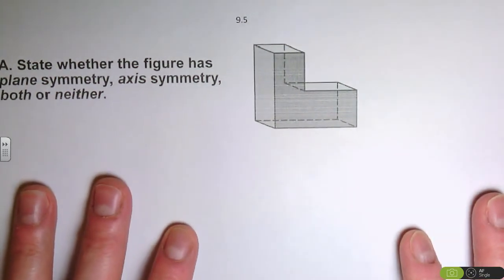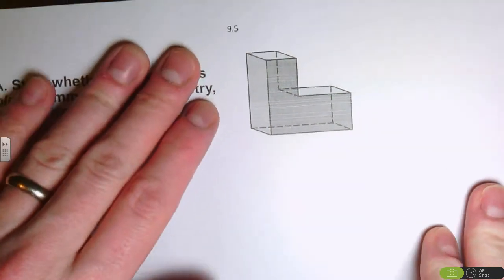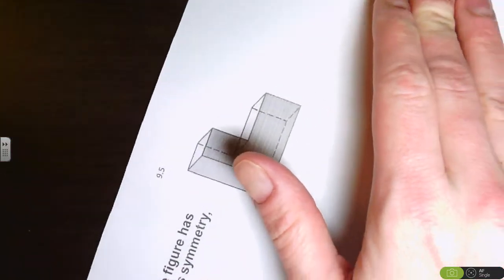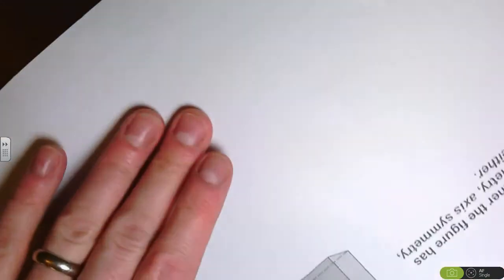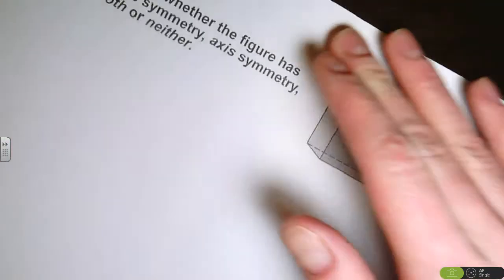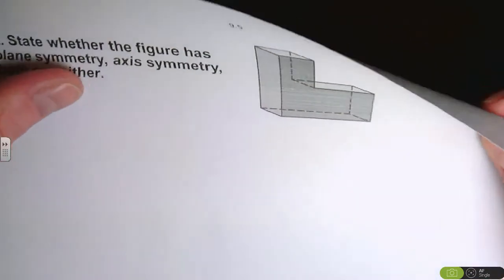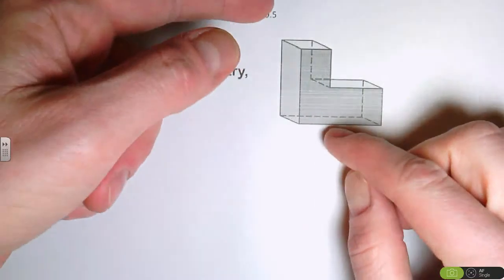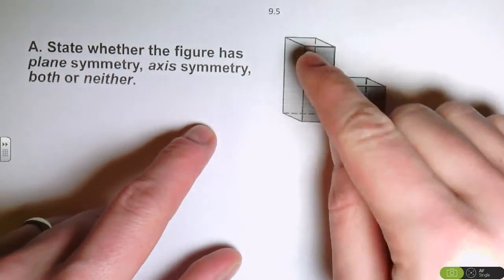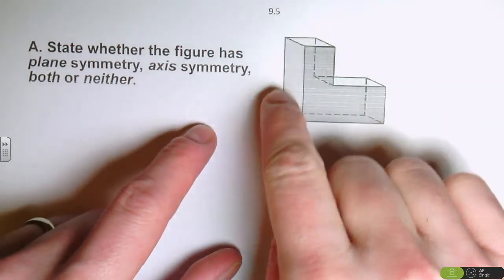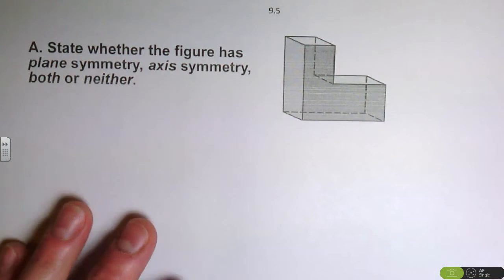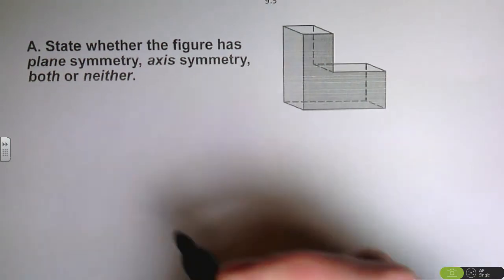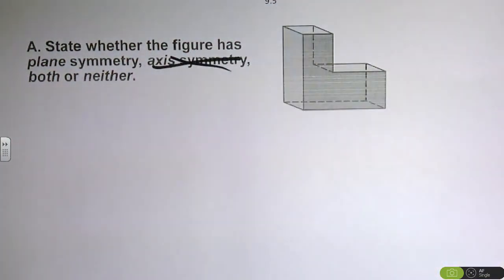But the way to think about this is if I turn it this way horizontally, it never looks the exact same again until I get it back to itself. And if I turn the paper and think about an L shape, this guy here is at top, then he's out, then he's bottom, then he's back out that way on the other side. It never happens until it gets back to itself again. So there is no axis symmetry. There's no rotational line symmetry.